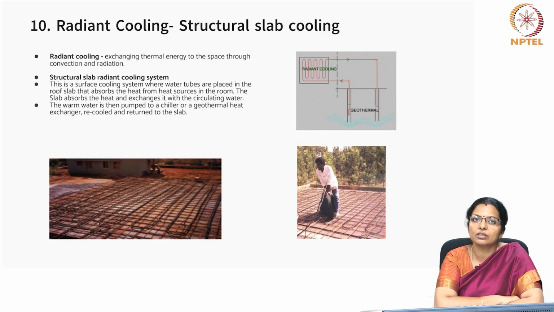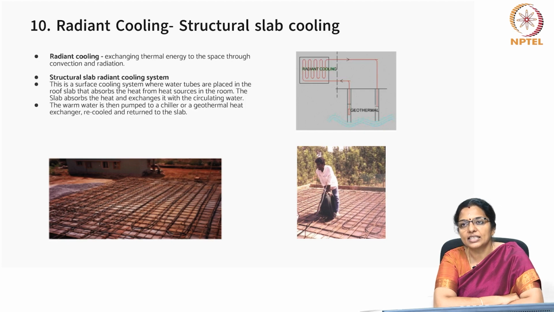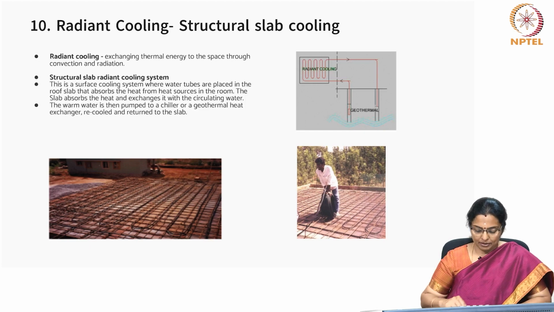The heat sources in the room warm up the slabs, and this cool water inside the tube helps in reducing the temperature of the slab. The slab absorbs the heat and exchanges it with the circulating water. The warm water is then pumped to a chiller or a geothermal heat exchanger, recooled, and then returned to the slab.